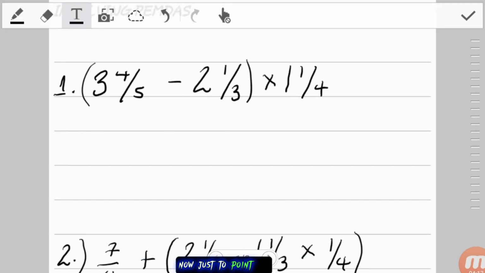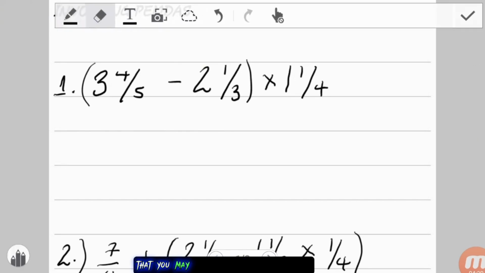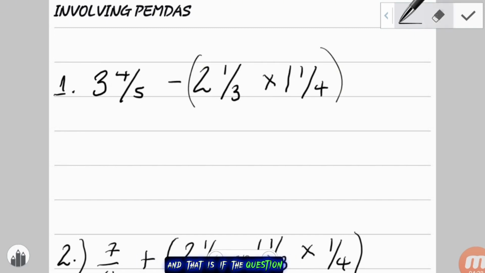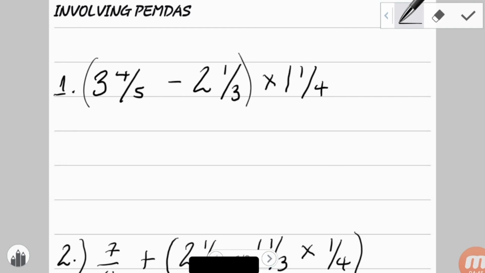Just to point out, in the event that you may get a question in the future that didn't have a bracket, then in this case we wouldn't be allowed to subtract first. We would have to definitely go ahead and multiply first, if the question didn't come with a bracket. But this particular question came with a bracket, which forces us to subtract before we multiply, because we're doing what is in the parenthesis first.